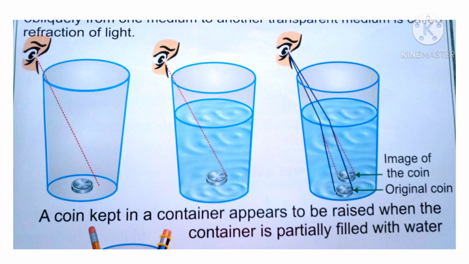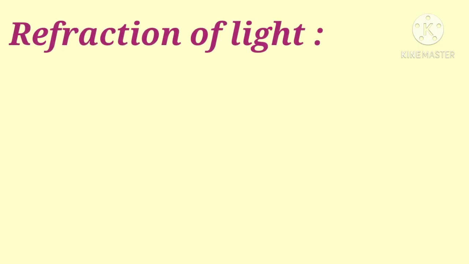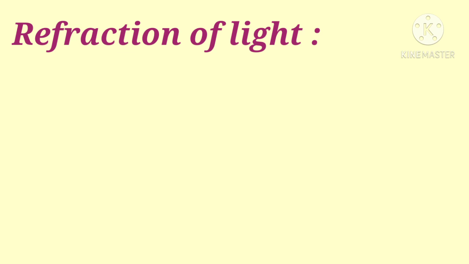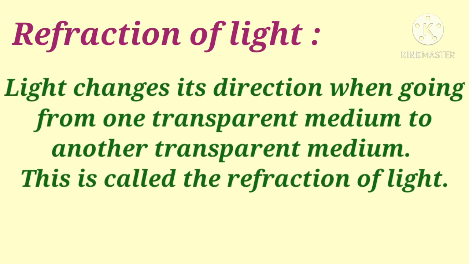In these activities, the changes and effects are due to the refraction of light. Now, let's see what is refraction of light. Light changes its direction when going from one transparent medium to another transparent medium. This is called the refraction of light.